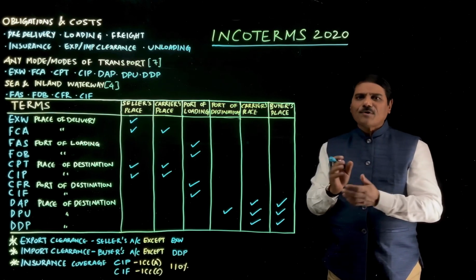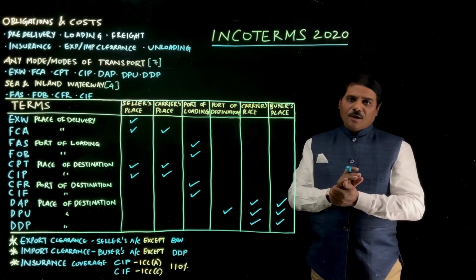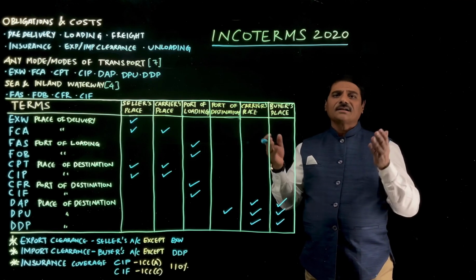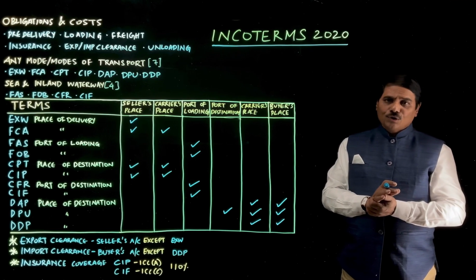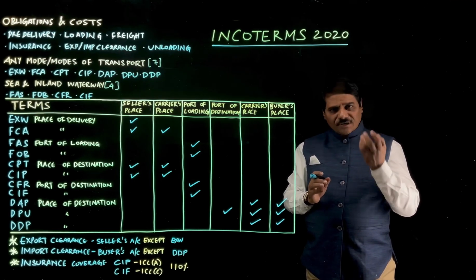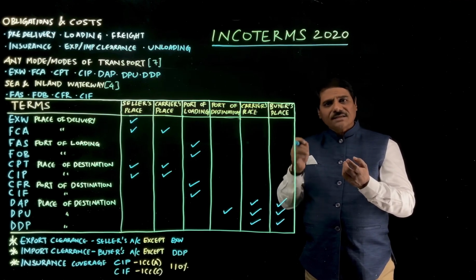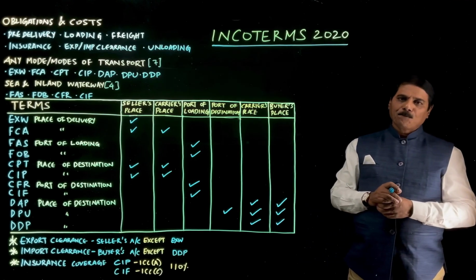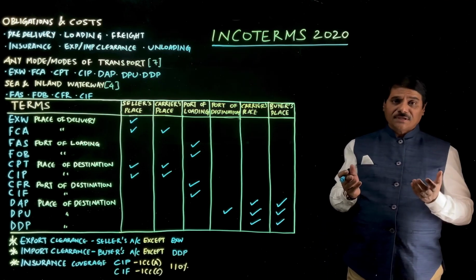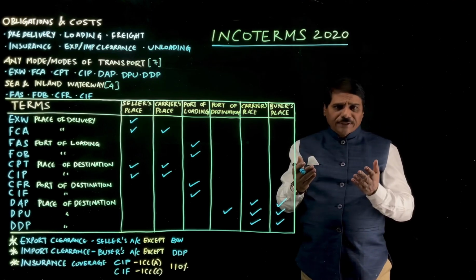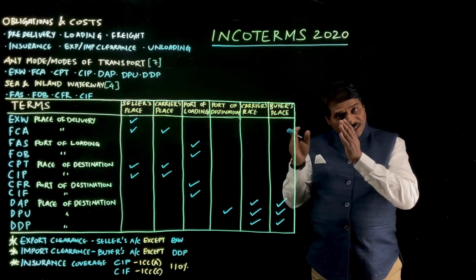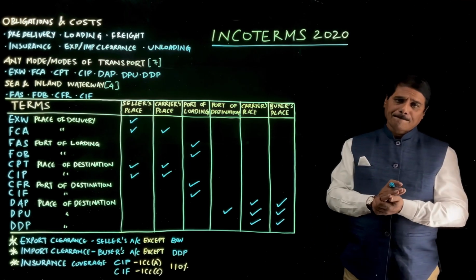So this type of misunderstanding may come up even for sellers and buyers in international trade. That is the reason it is very essential that they understand where the seller's risk passes to the buyer. What is the delivery point? Sometimes the seller may be arranging the transportation, but it does not mean that the seller's risk is passing to the buyer.